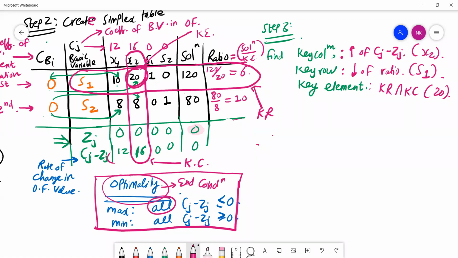So that means we have higher change in the profit corresponding to X2, and so X2 will be giving us higher profit.